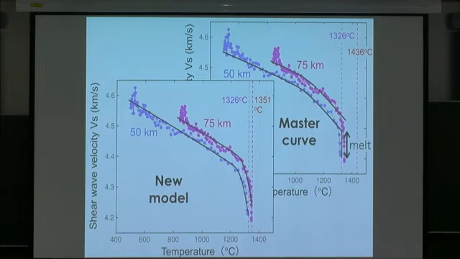But at 75 kilometers, at typical potential temperatures, you're just about at or below the dry solidus anyway. So the fact that the solidus is lowered by 75 degrees may have to do with volatiles in the lithosphere.